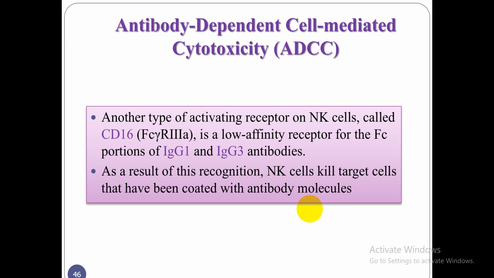One of the mechanisms of NK cell function is antibody-dependent cell-mediated cytotoxicity, or ADCC.